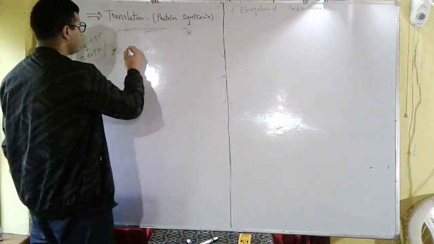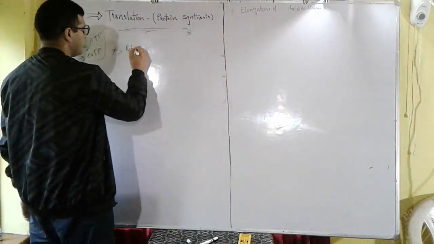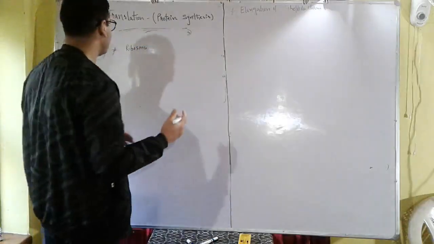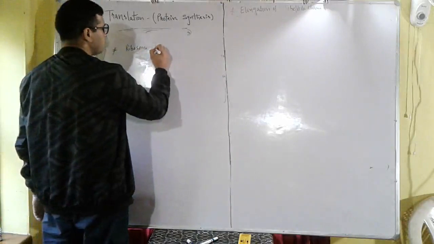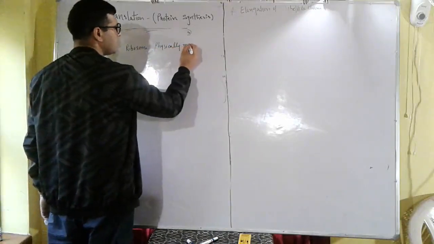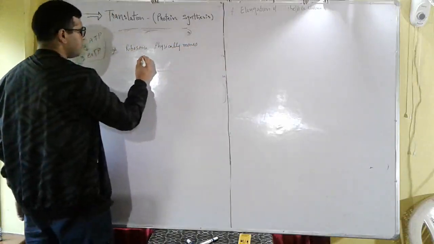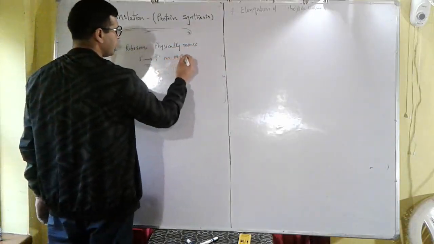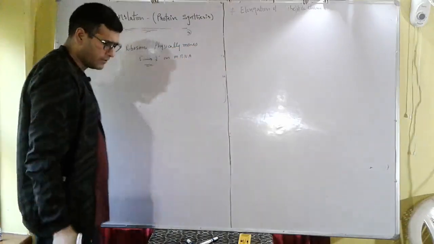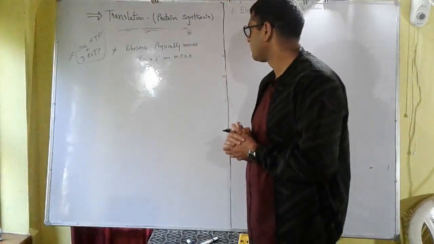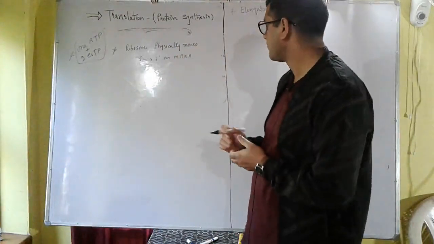Remember that the ribosome physically moves along the mRNA in the 5' to 3' direction.